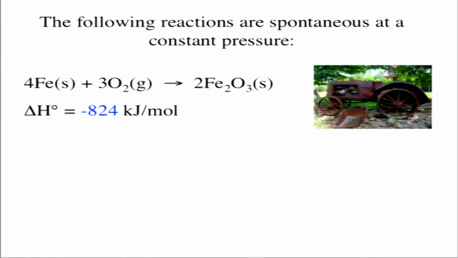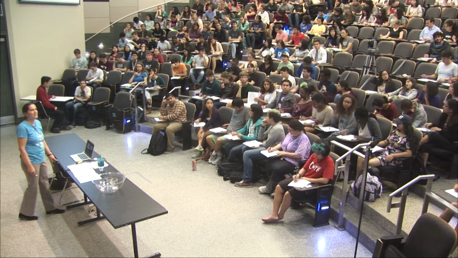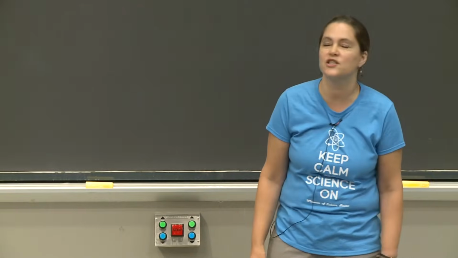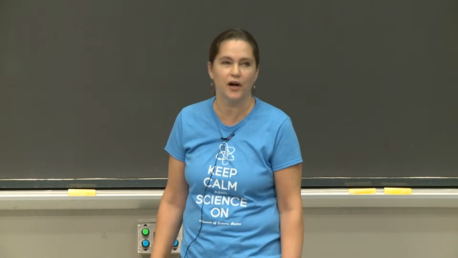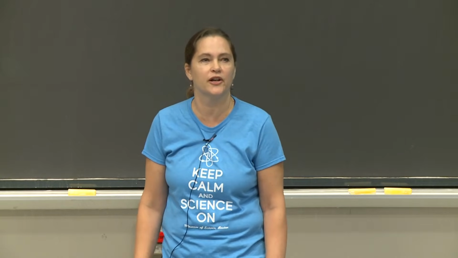But constant pressure, here's an example, iron plus oxygen. And what is this in layman's terms an example of? Rust, yes. And many of you are probably aware of this. Rust is a spontaneous process. It's something that people try to do something about. You don't want your car to rust.